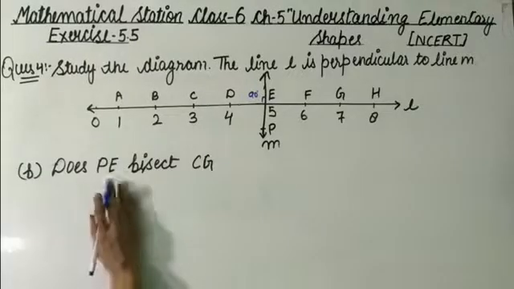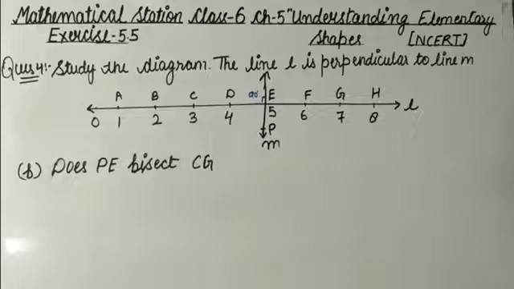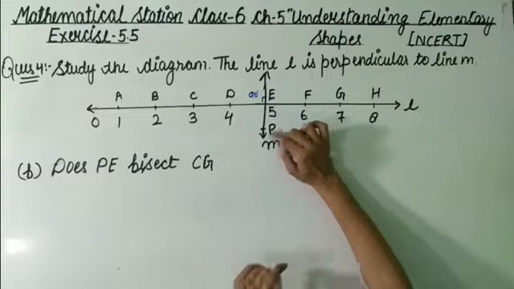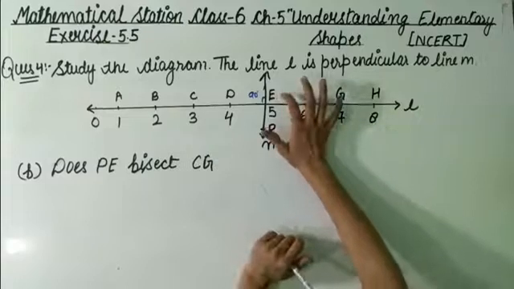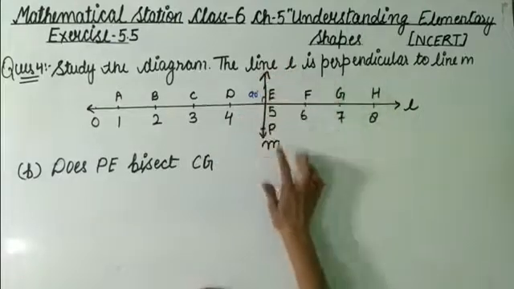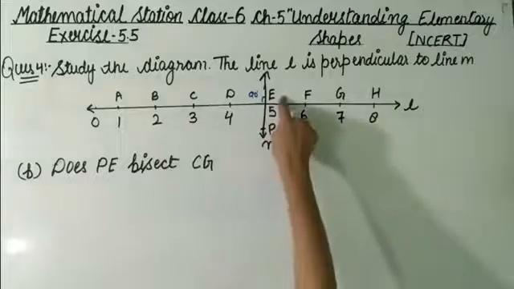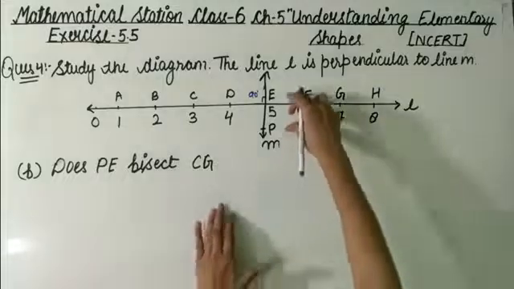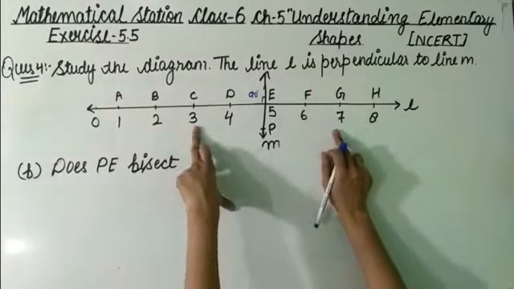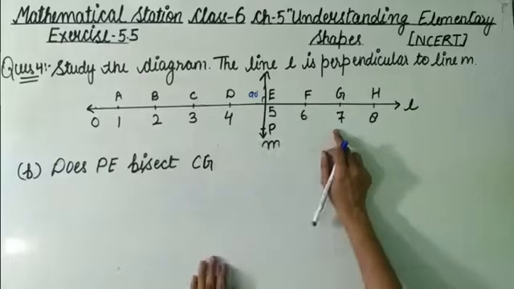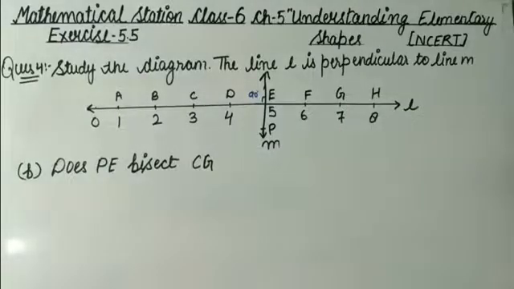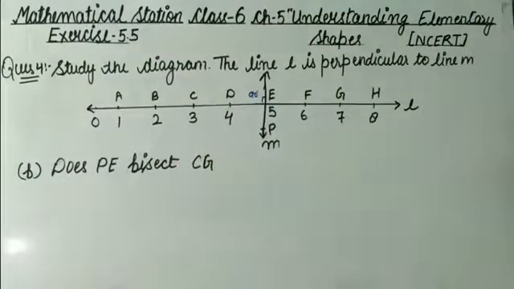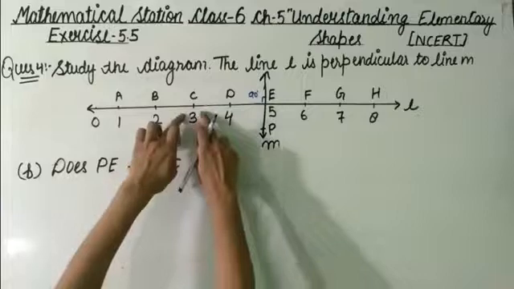Next, part B is: does PE bisect CG? This particular line from P to E means line M. Our point E is on both the line L and M. So student, we have to answer whether PE bisects the line from C to G or not. In case of bisection, this part from C to E and that from E to G will be of equal measure.